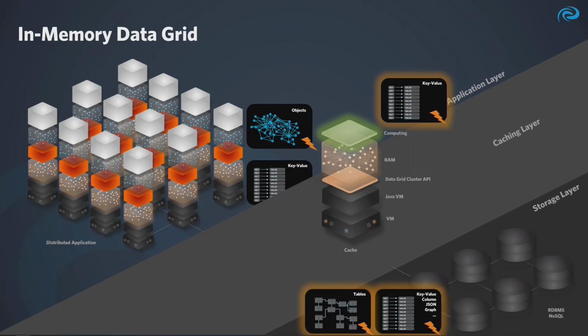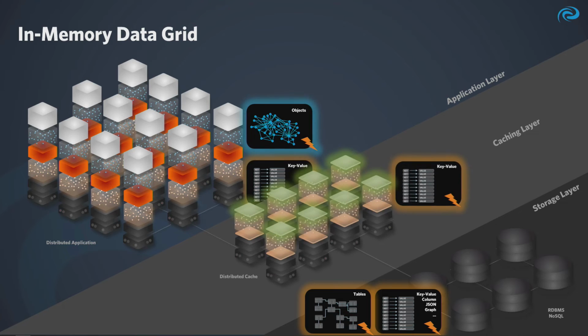So we add some more functionality, and it's also distributed, of course, to distribute the data. And now with the in-memory data grid, we can distribute the compute capacity. And we also can distribute SQLs with the in-memory data grid.